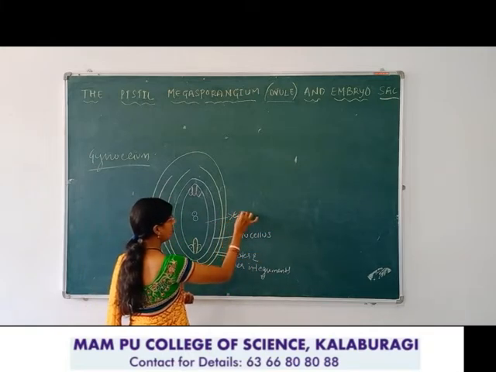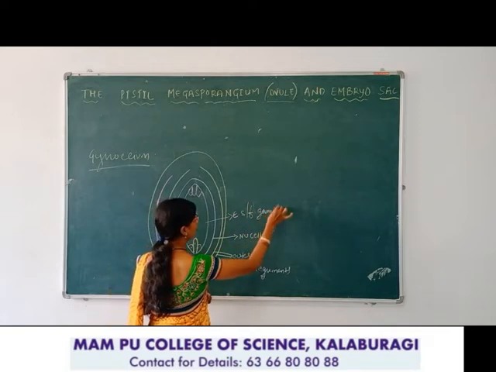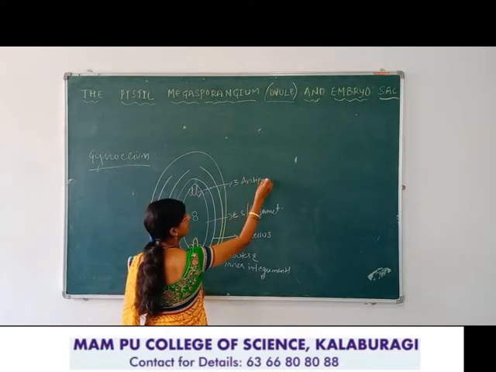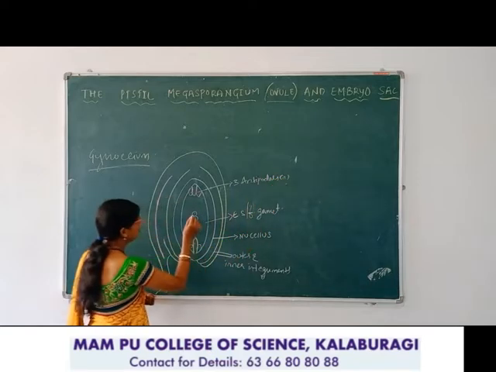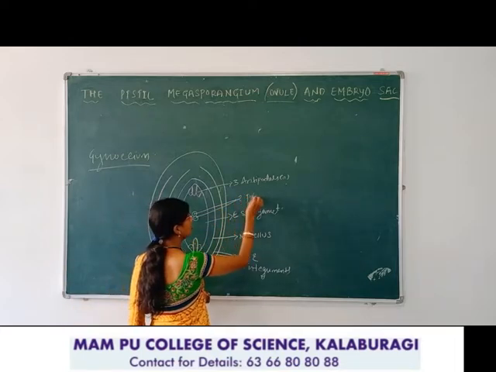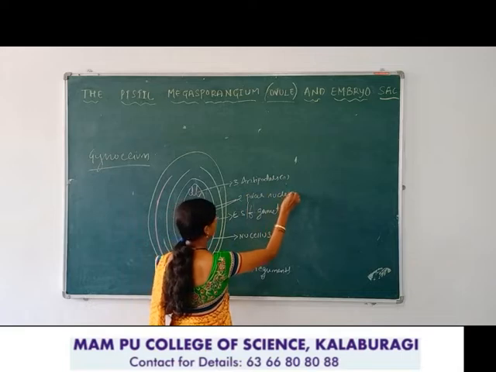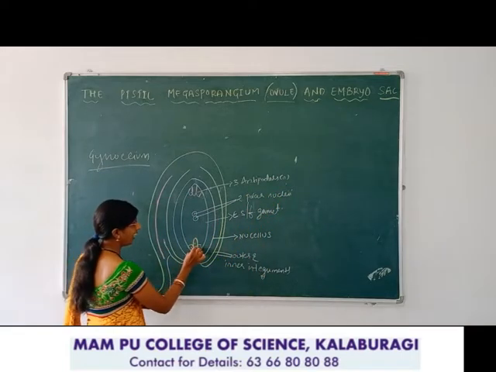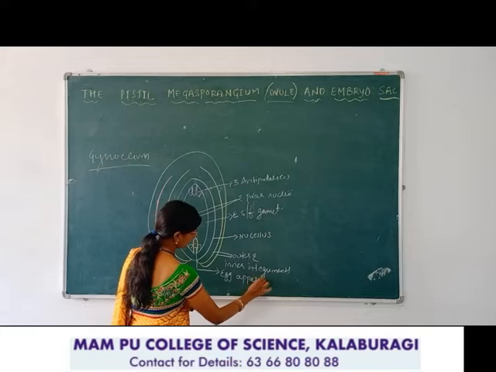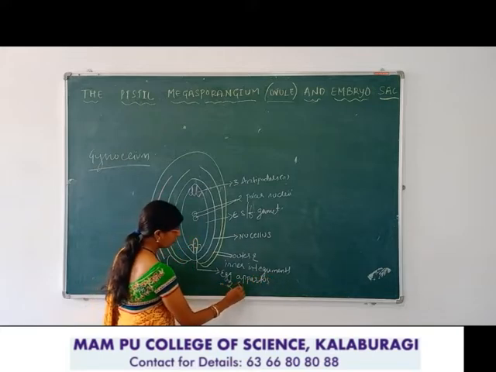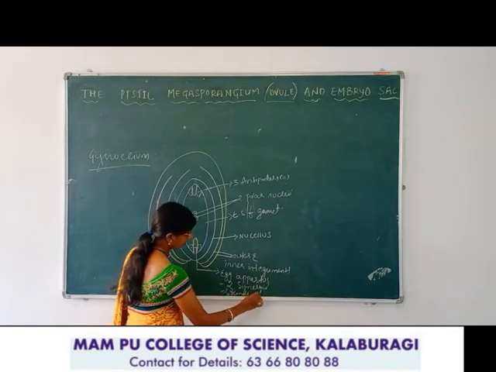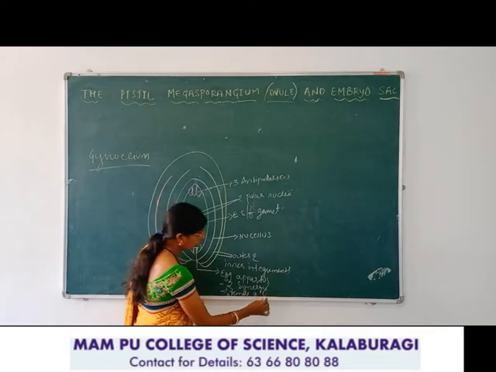This is the embryo sac or female gametophyte, and these are the 3 antipodals, which are haploid in number, and these 2 are the polar nuclei, and these 3 are called the egg apparatus, which contain 2 synergids and 1 female gamete, or it is called egg or ovum.